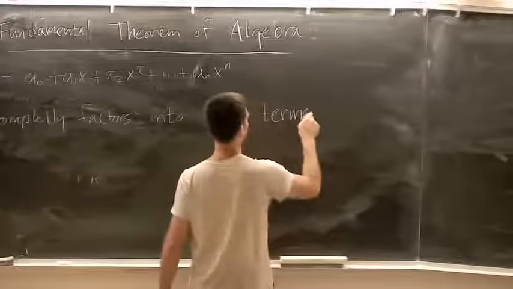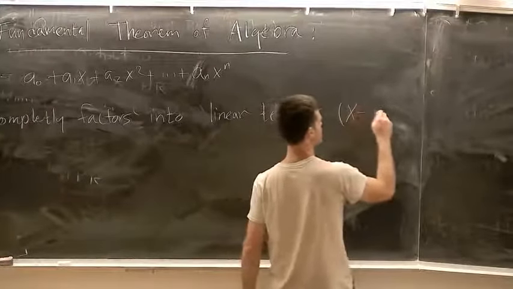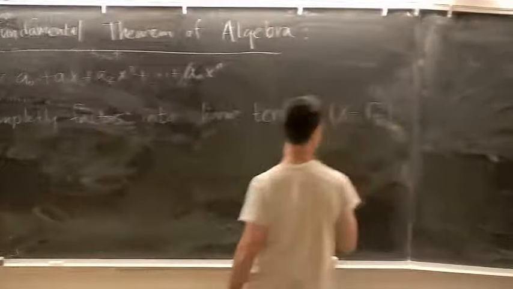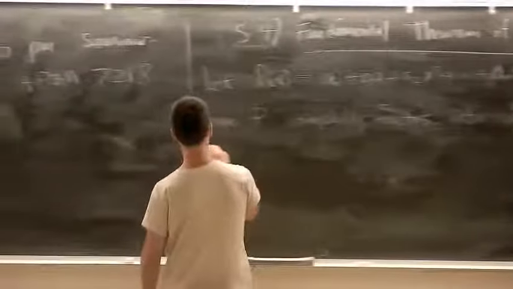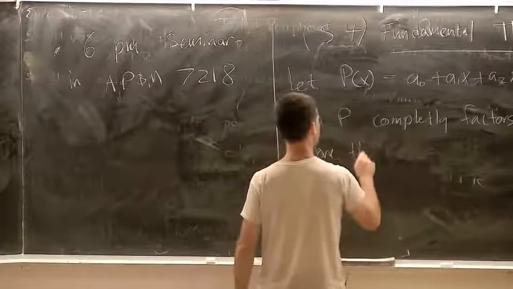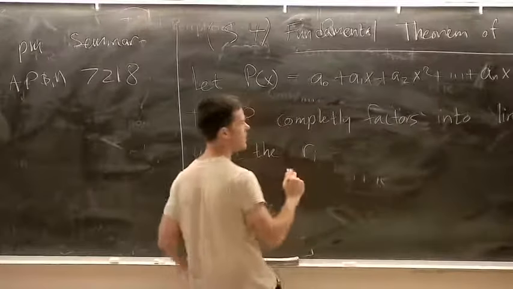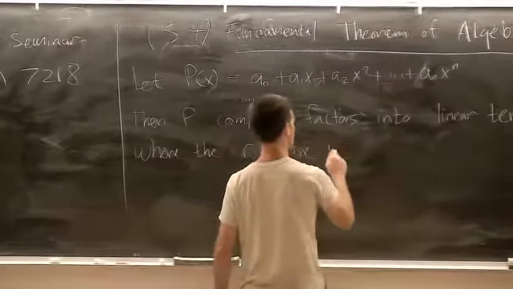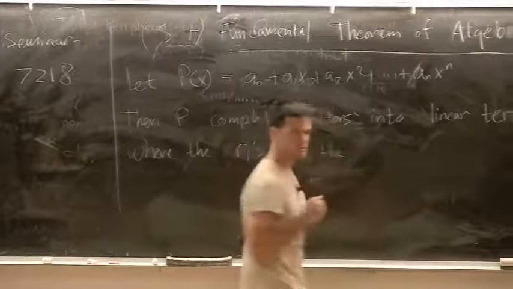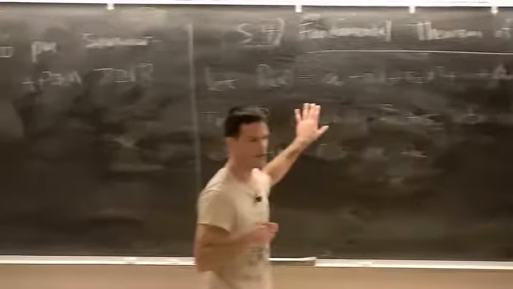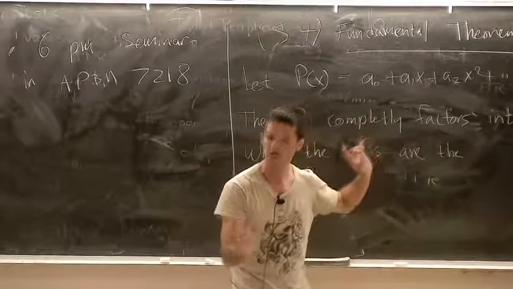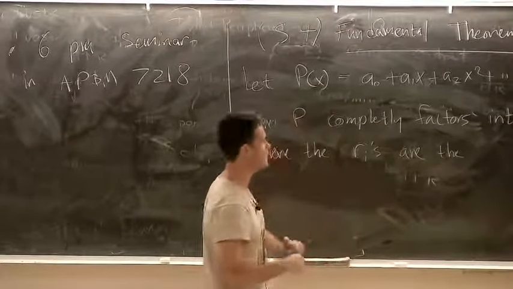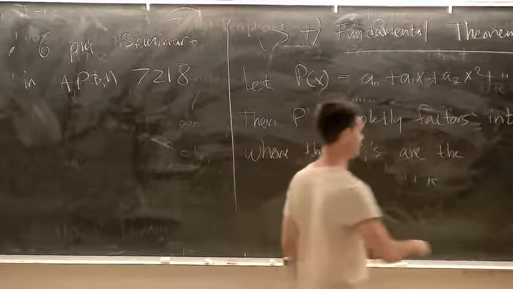Then we can totally factor it into terms x minus ri, right? Where the ri's, for i equals 1, 2, up to n, are the roots of this polynomial, and we are now allowing them to be complex. You need to allow complex ones in order to make this statement.